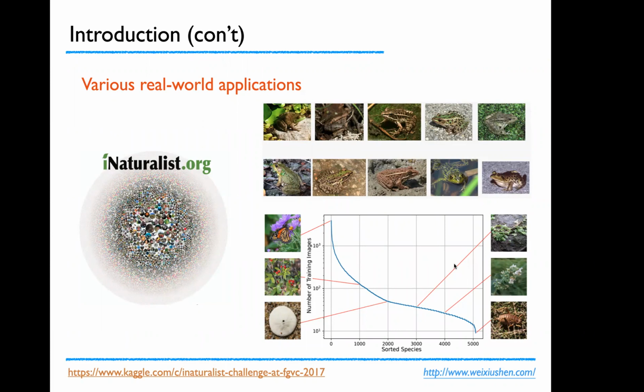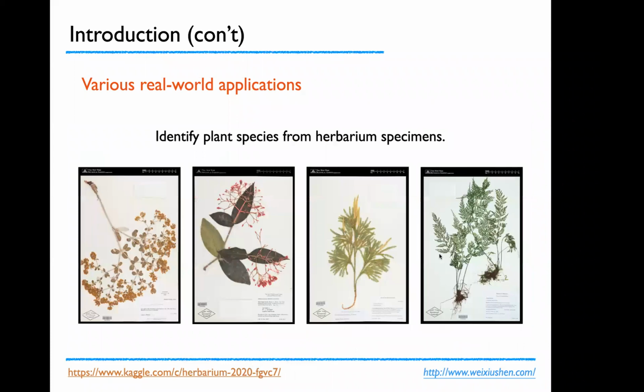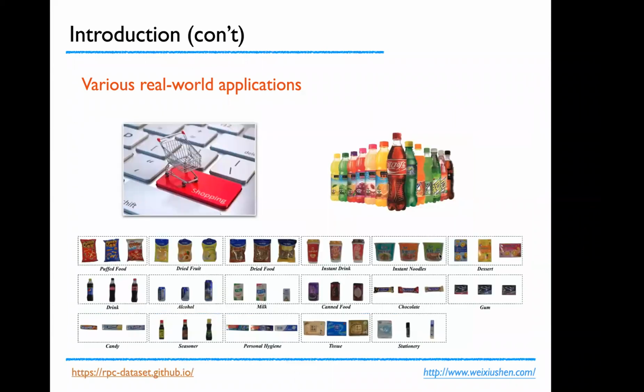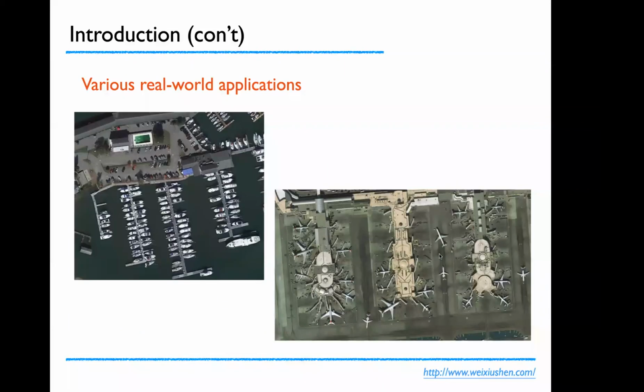Regarding the long-tail recognition task, Joshua and Bingy will talk about it later. And other real-life applications include identifying plant species, recognizing car models, recognizing fine-grained products, or even recognizing ship and aircraft models from remote sensing images.